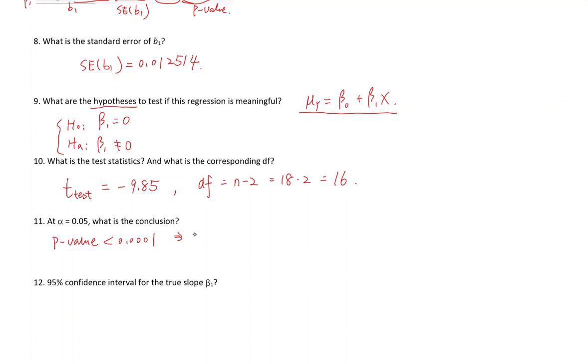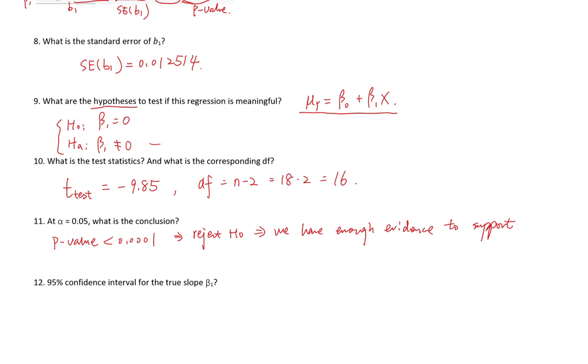So what we need to do is reject the null hypothesis, and so we have enough evidence to support our alternative hypothesis. What is our alternative hypothesis? The alternative hypothesis says beta 1 not equals 0. What does beta 1 not equals 0 mean?